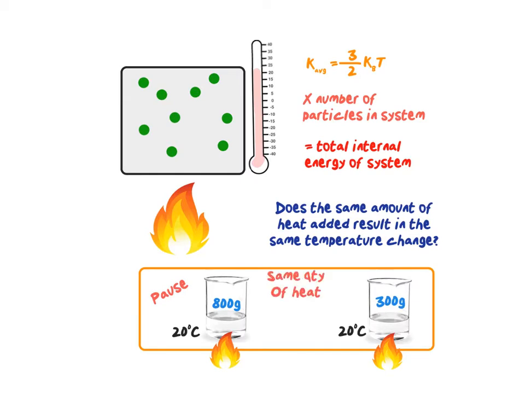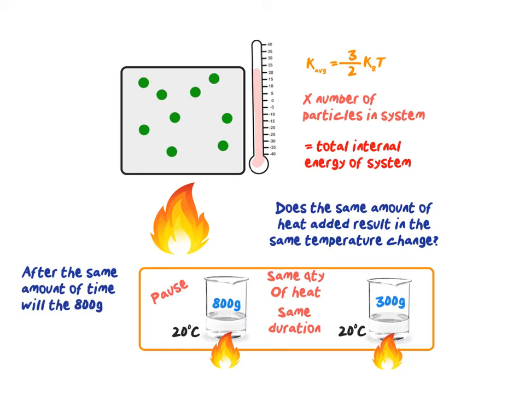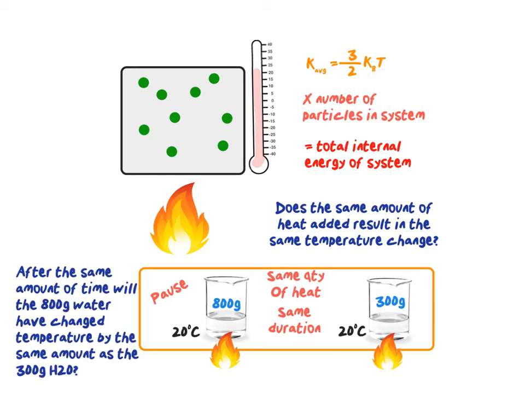And I'm going to apply it for the same amount of time. We do know from the last video that the temperature should increase, but our question now is, after the same amount of time, will the 800 gram water beaker have changed its temperature by the same amount as the 300 gram beaker of water?